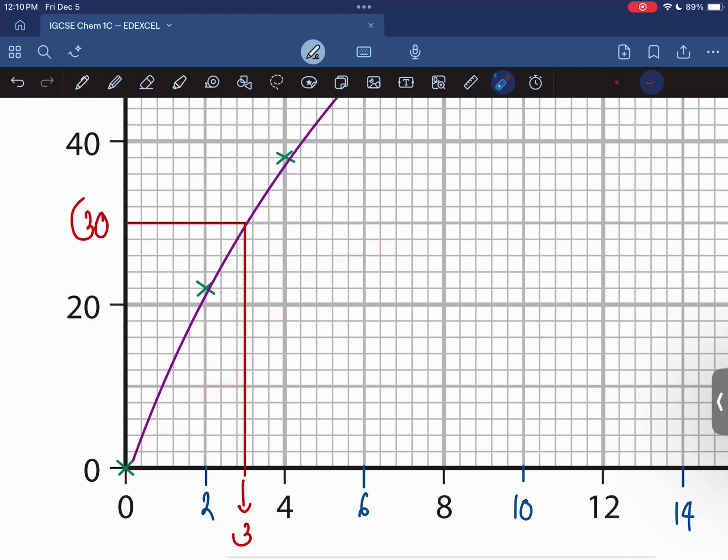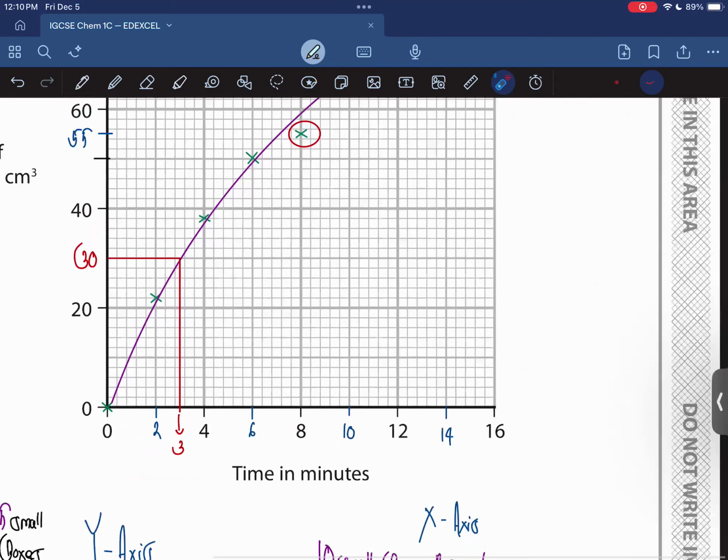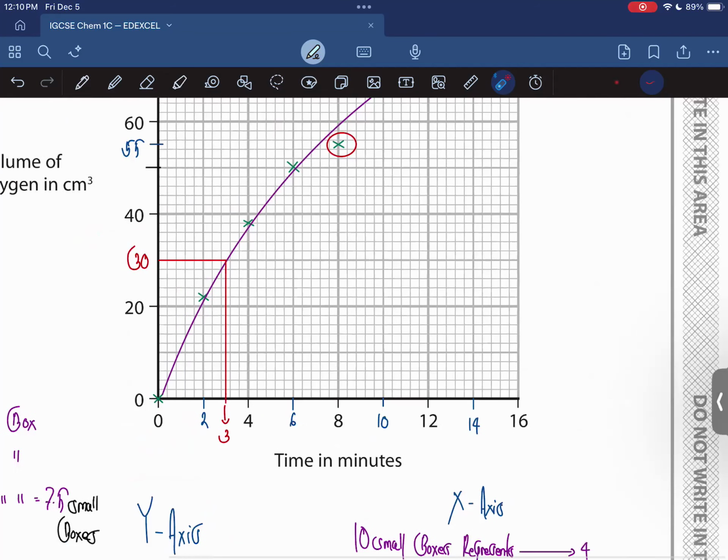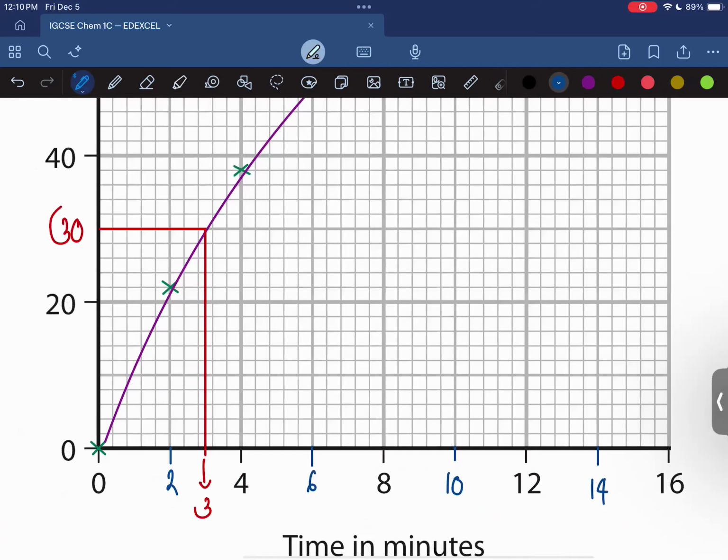So the graph should look something like this. Clear? So yeah, the graph for this should look something similar to this. It should be leveling off at 40, right?